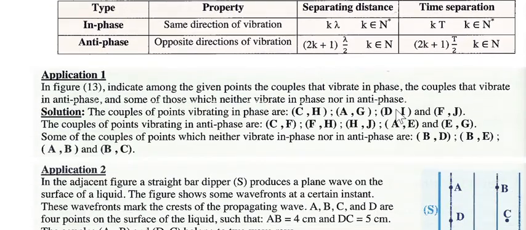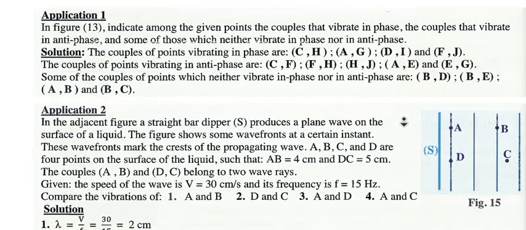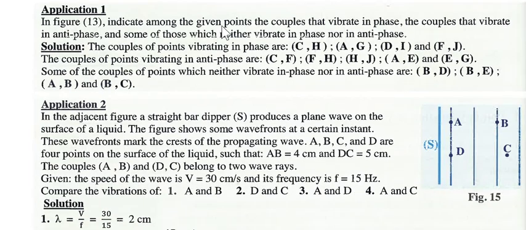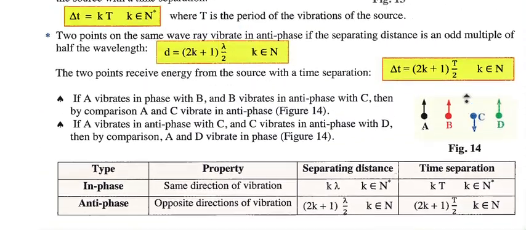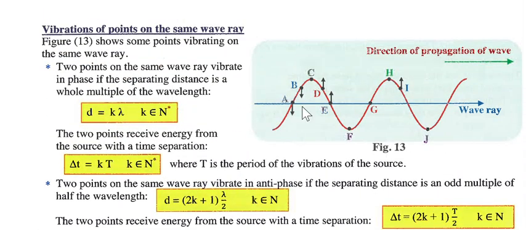In application one, here you can see a small application regarding the couples of points that we saw in the previous images. It shows us the points that vibrate in phase. For example, A and G, F and J, C and H. So this is J in English.